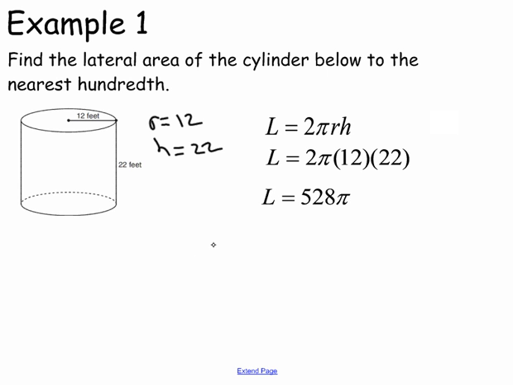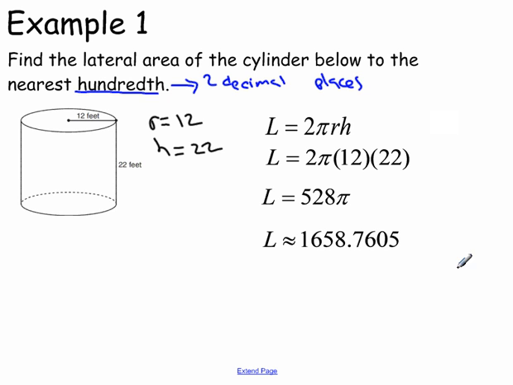And then 528 multiplied by pi is approximately 1,658.7605. It says to round to the nearest hundredth, so that means we're going to round to 2 decimal places, so our final answer is 1658.76.